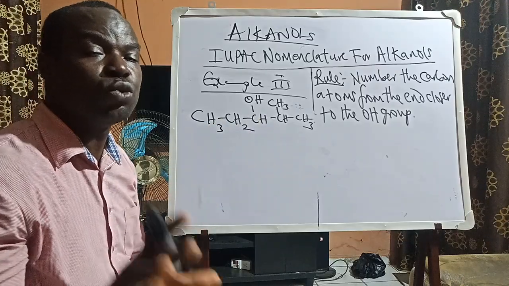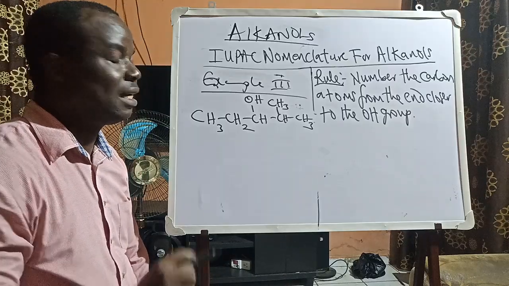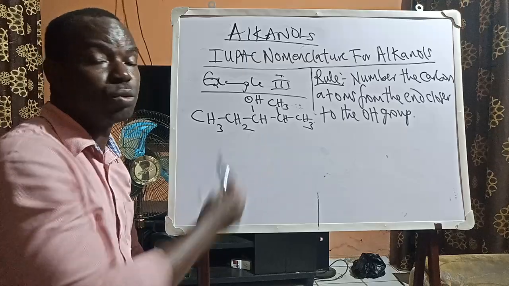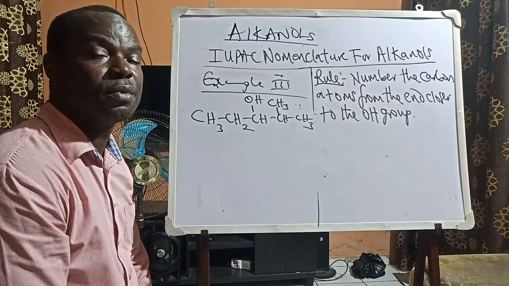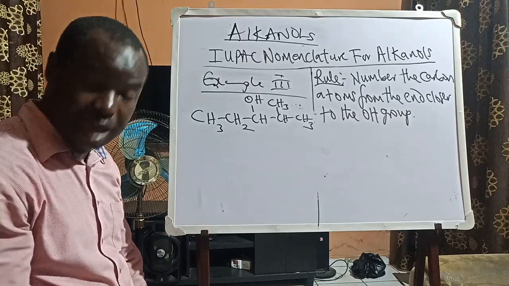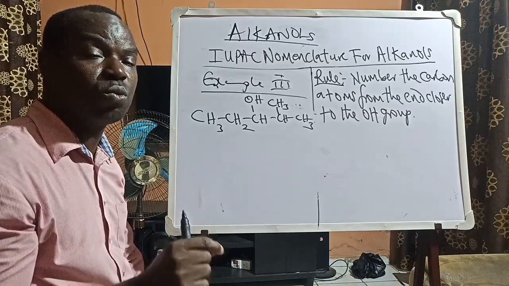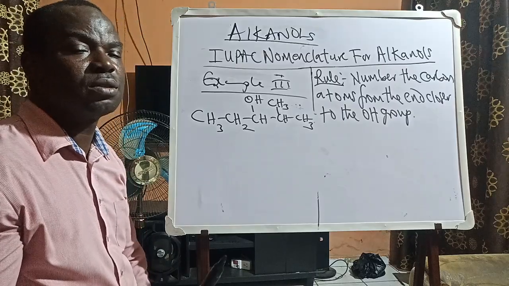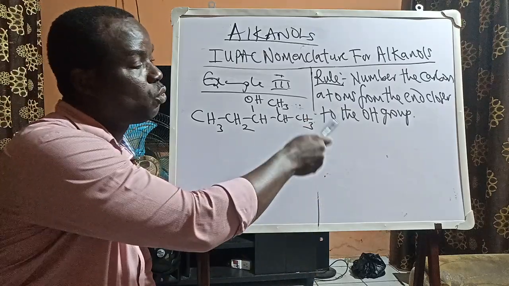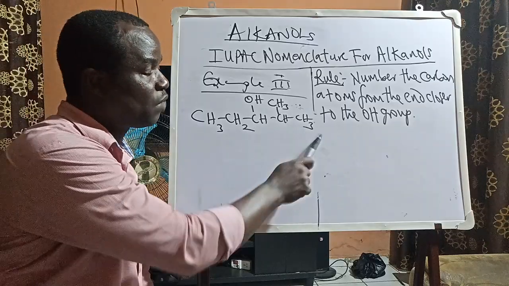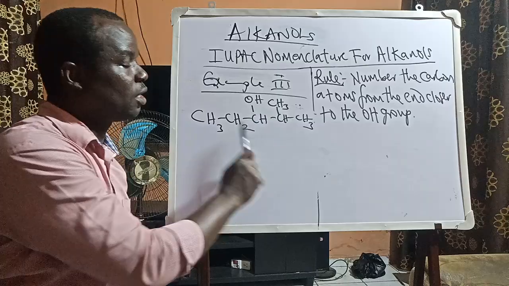If you look at this example, you will notice that the OH is in the middle. Okay? The OH is in the middle. And if the OH is in the middle, what does that imply? It implies that, according to the rule, we number from the end closer to the OH group. So we can number from here 1, 2, 3, 4, 5, or 1, 2, 3, 4, 5.